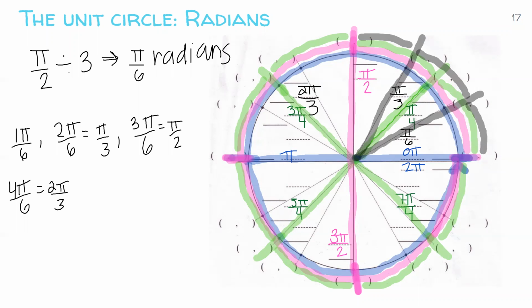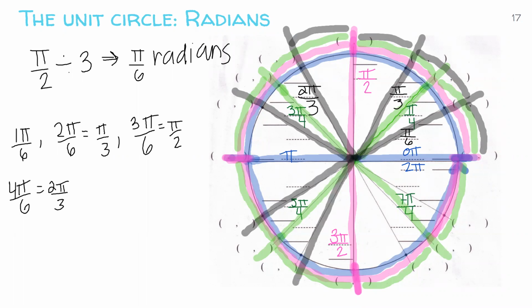And again, that's measuring this arc length from here to here. So I'm breaking things into thirds now. So from pi over 2 to the next one is 2 pi over 3.